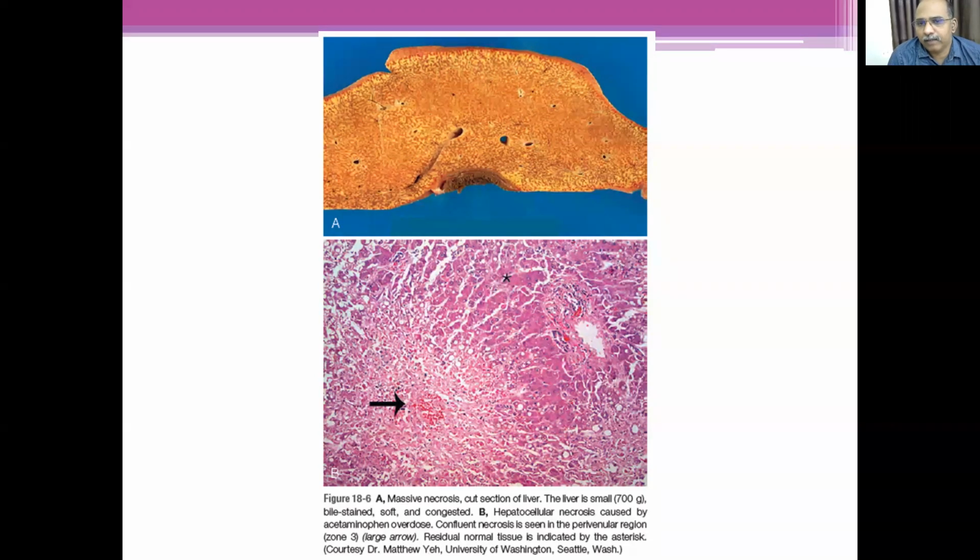See, while explaining the structure, I told you about zone 1, zone 2, and zone 3. Zone 3 has less blood supply and less nutrient supply, so more damage. So damage starts in the perivenular region first, then it will progress towards the portal tracts. That's the basic cause.